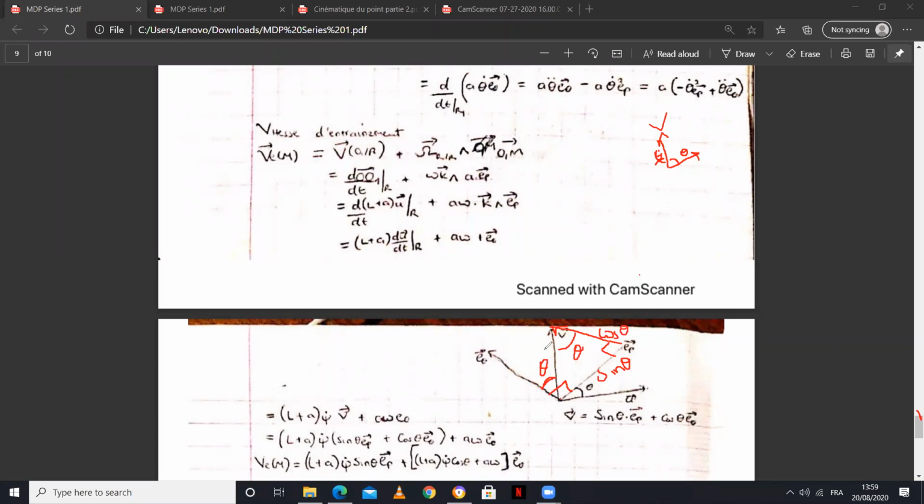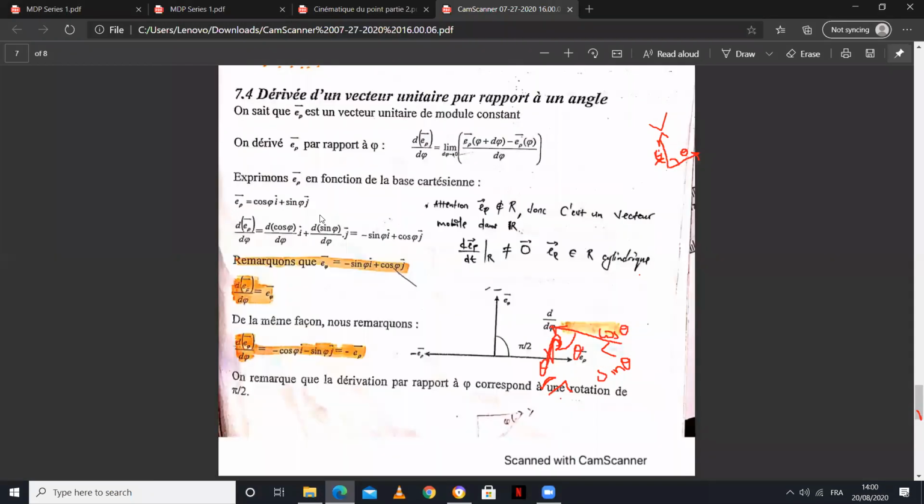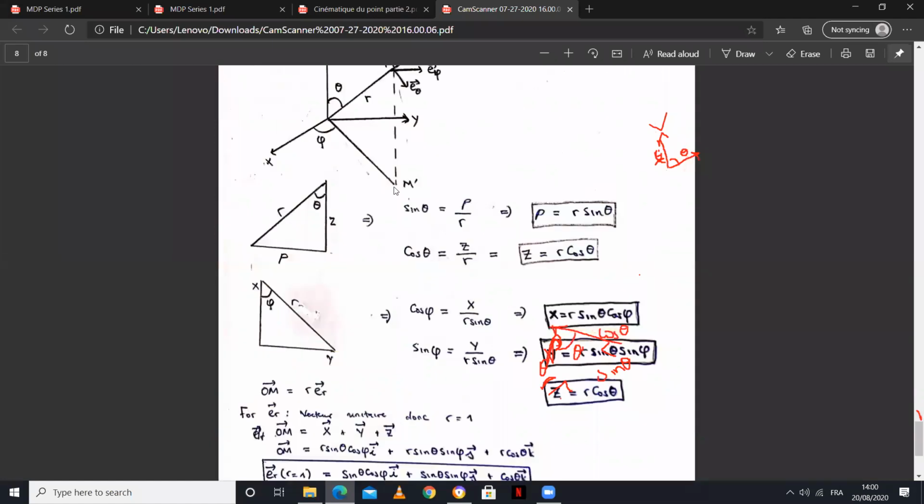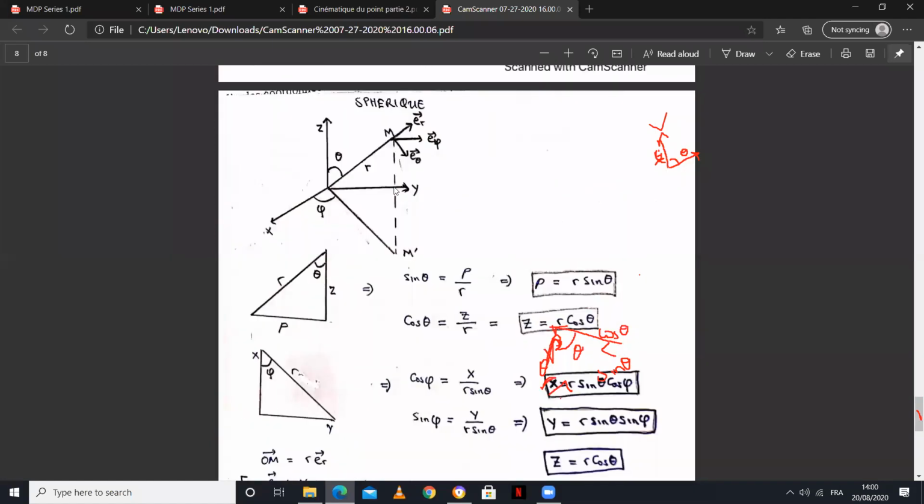Remember last time we had this side being equal to rho, yeah? We had this side being equal to rho. Okay, when you look at this figure that I gave you in one of these, yeah, here we had this side. No, not in the spheric, cylindric. Yeah.